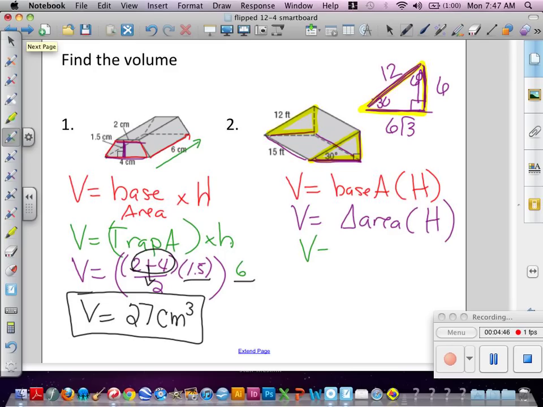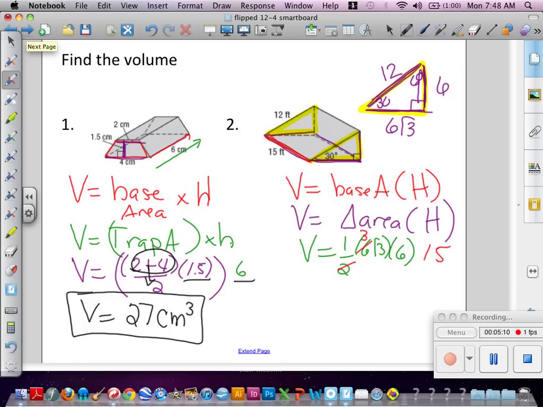So now to find the area of the triangle, I'm going to take half times 6 root 3 times 6, and then I need the height of the prism, which is 15. Now, let's go ahead and do some canceling here. My 2 and my 6 can cancel. That gives me 3.